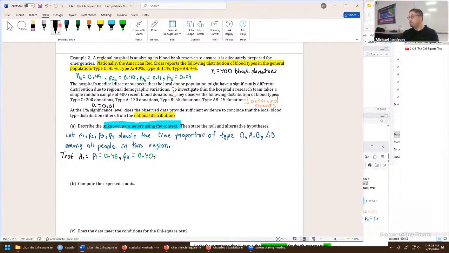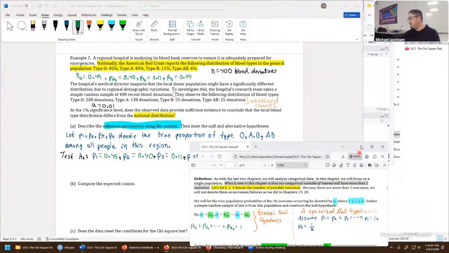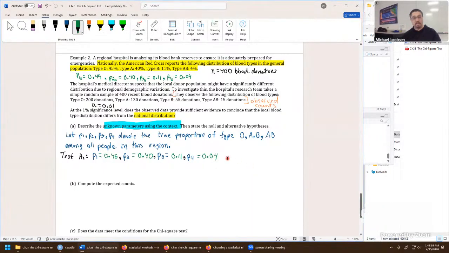P3 is equal to 0.11. P4 is equal to 0.04. That's a lot of writing for just a null hypothesis. But hey, we're halfway done. That's one hypothesis, and we're ready for the next.